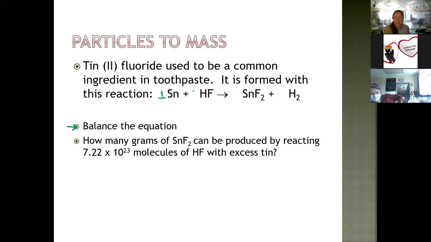Hopefully we got a 1, 2, 1, 1. Good. Now what? Read the question. I need to find what and what. What should I identify in the question?